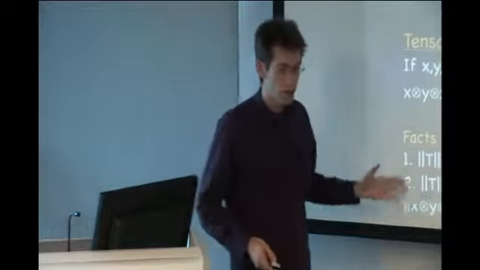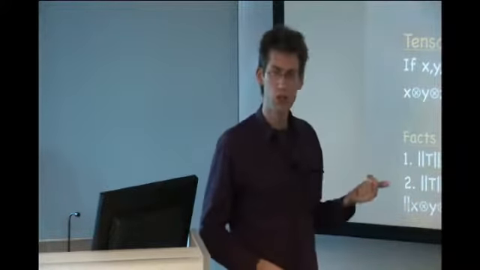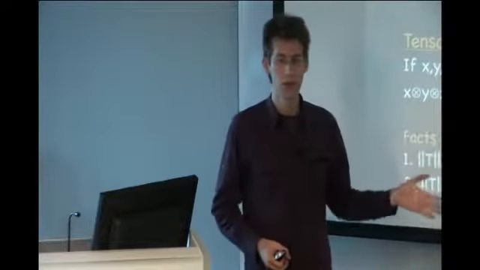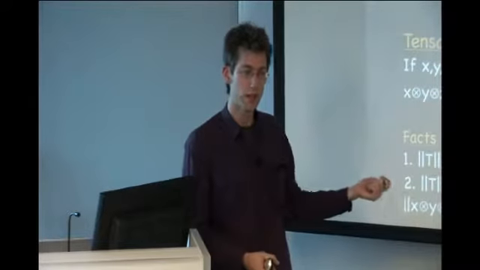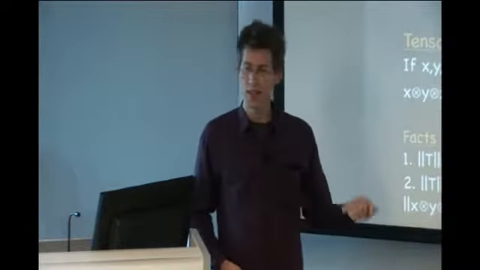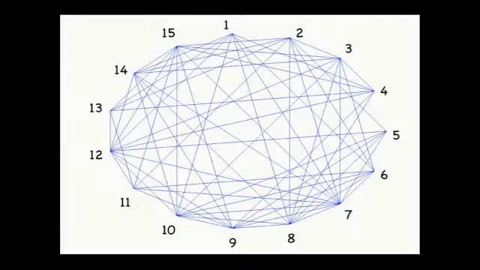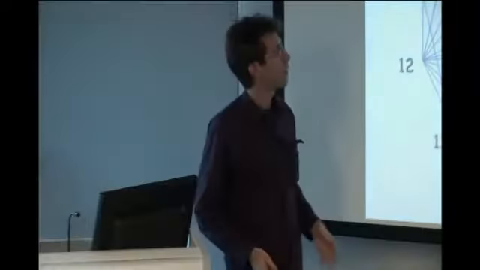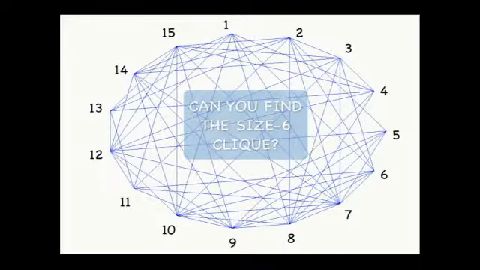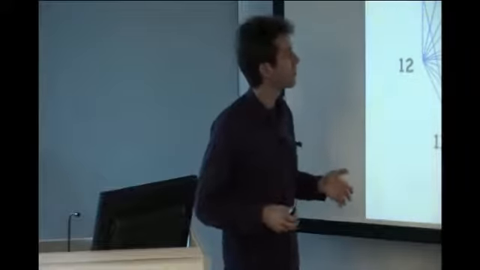So these are our tensors. Now, a couple months ago, you had Santosh Vempala speak here about tensors, and he gave an application which I want to also mention. So here I have a graph where I've chosen half the edges present, half the edges not present randomly, except I've also chosen 6 vertices and put edges in between all of them.